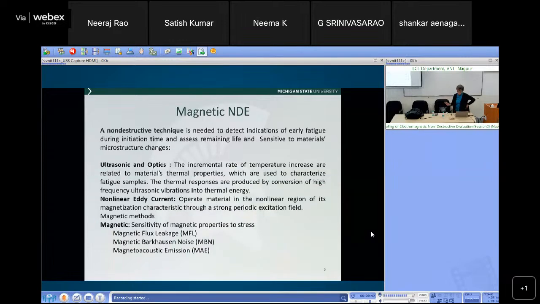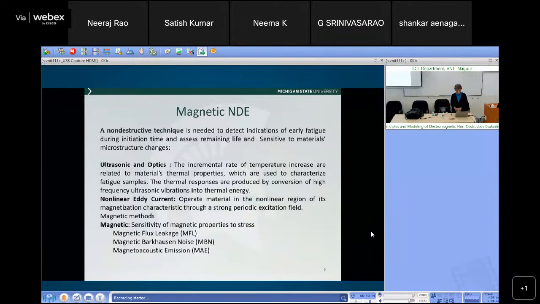Magnetic NDE methods look at how the magnetic properties of materials are affected by these microscopic changes within the material. Ideally, what industry wants is to detect cracks at the initiation stage, not wait till the crack has started propagating, because then it's more difficult to repair and fix the system.